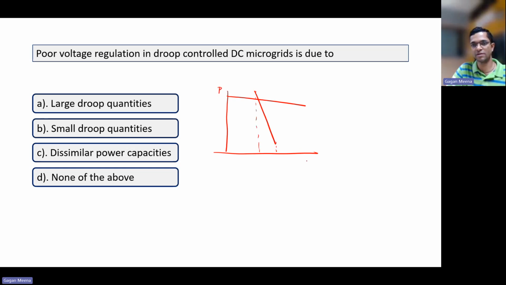This is the large group, this is the small group.